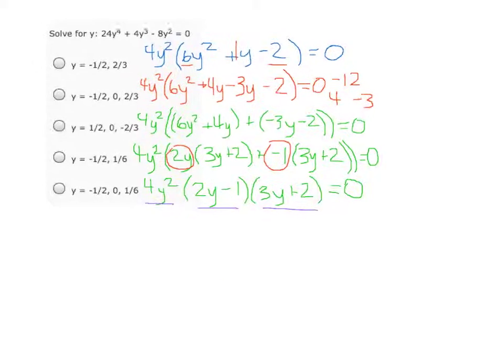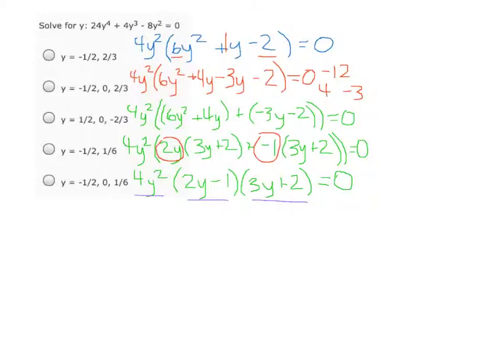So first we have a 4y squared equals 0. So to solve, we divide by 4 on each side. So we have y squared equals 0 divided by 4, which is 0.